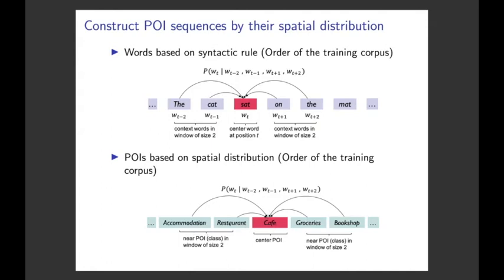For instance, we can include two POIs on the left and two POIs on the right to predict the central POI class, which is the cafe. This is how word-to-vector works, and eventually we will get a vector for each POI class.